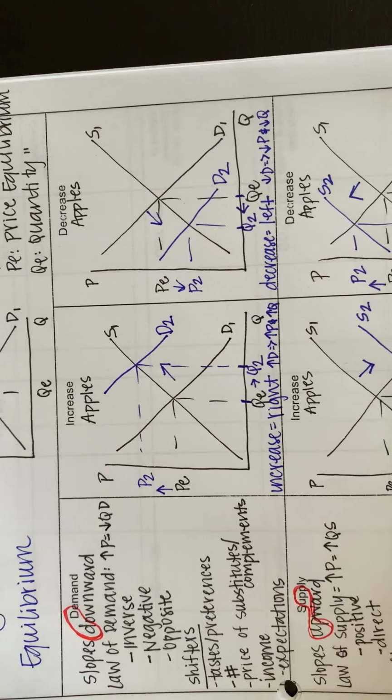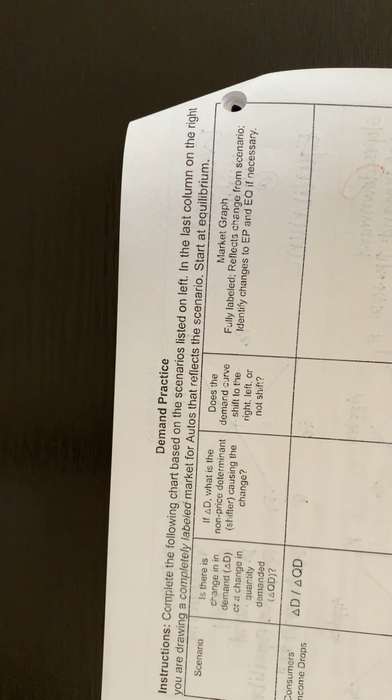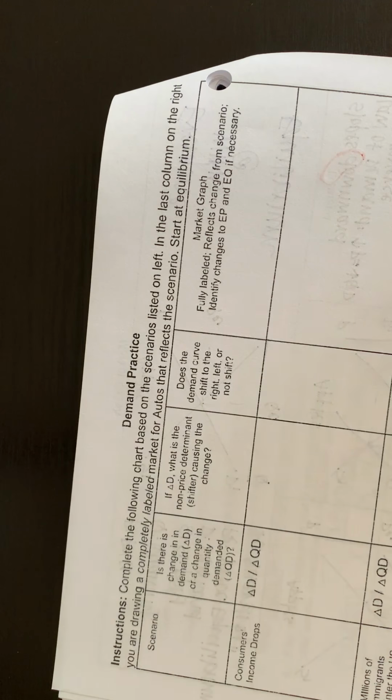So I'm going to work through 2 problems with you on the practice pages here. So go ahead and flip over your page. And we're going to do 2 demand practice problems first. And then we'll do 2 supply problems. So first, let's read the directions here.